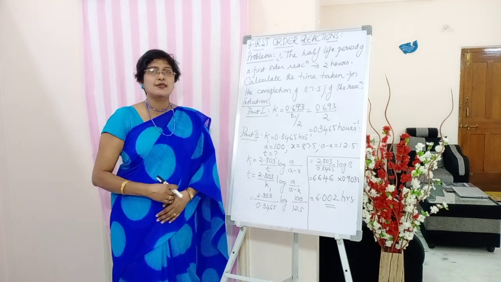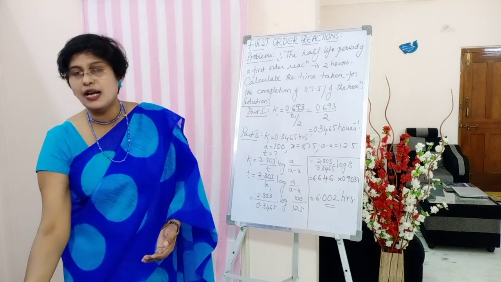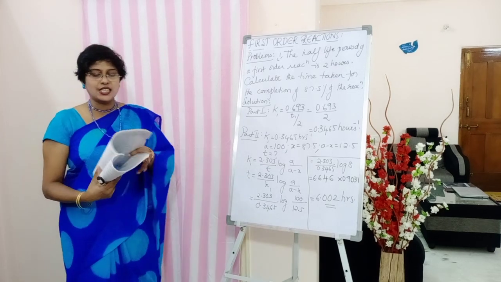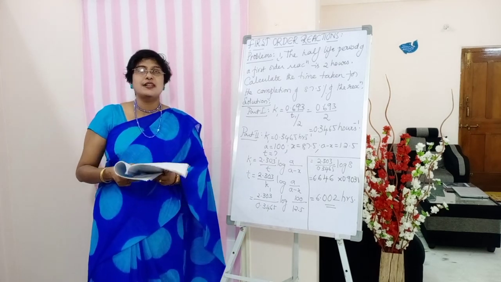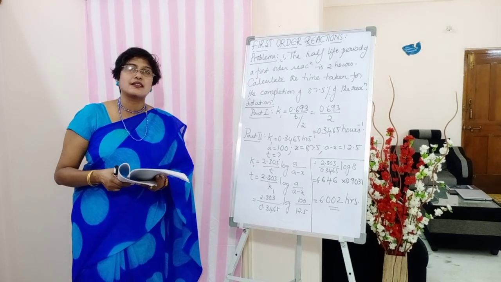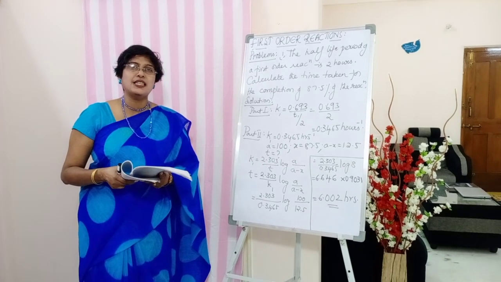And I am giving a small homework. Problem number 2, I will just give the problem. You have to solve it. Write down: a first order reaction. Problem number 2, students. Don't move here and there. Just within a few minutes we will complete the class.